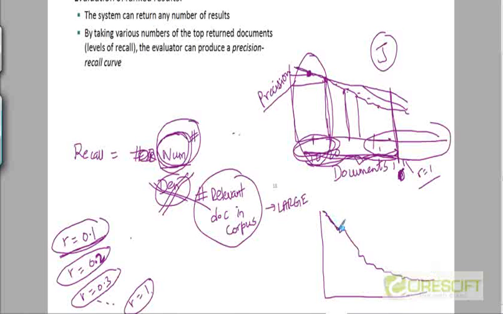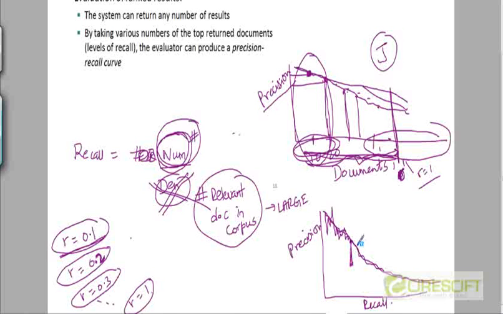Initially the precision should be high, and then it's going to go lower and lower. So this is the precision, and this is going to be the recall. In fact you can have vertical lines also. This actual curve is going to be very jagged. You can have a vertical drop also.